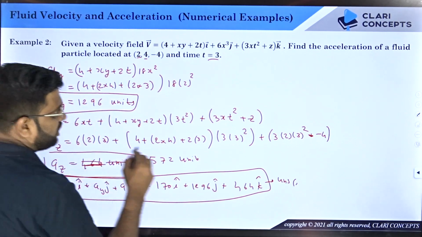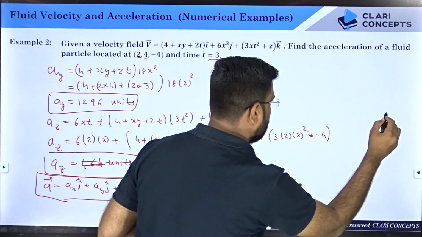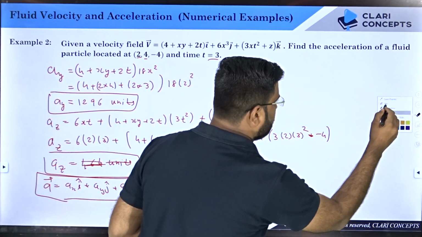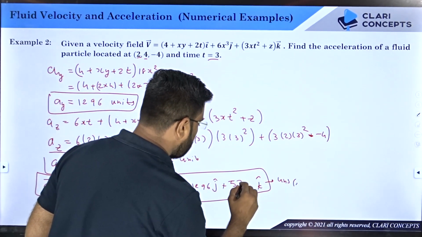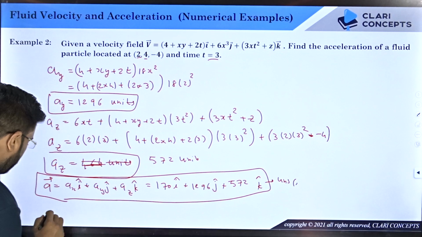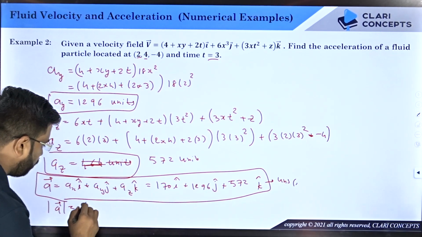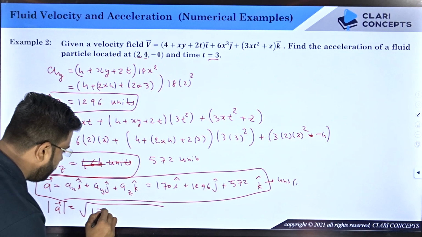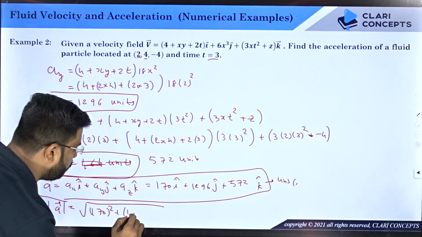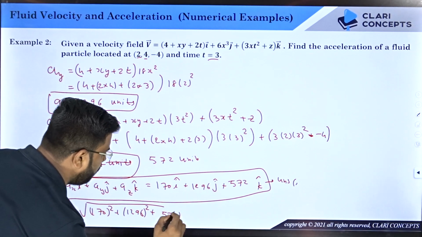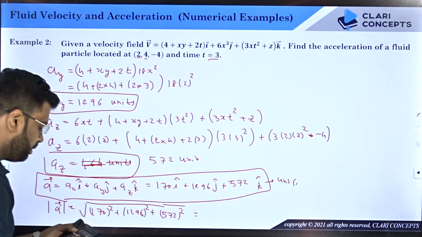So we can put this as 572, all right. And finally, if you want the magnitude of A, what you can do is take the square root of all these three squares, that means the square root of 170 square plus 1296 square plus 572 square, and find the answer.